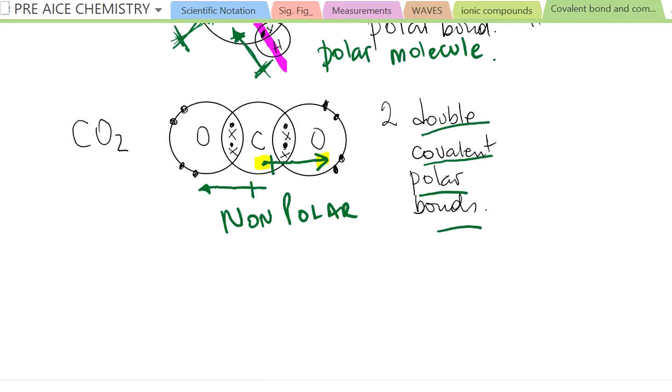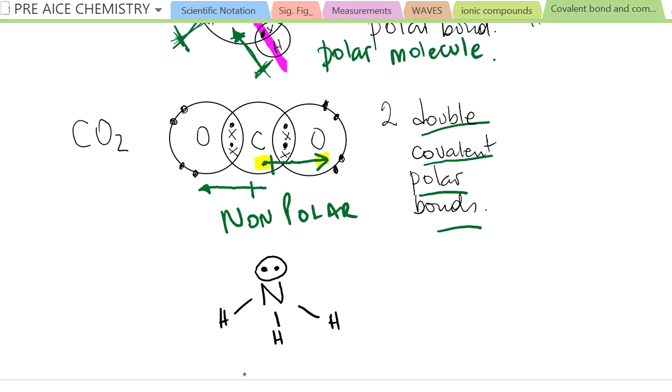Let's analyze the last one, but we are not going to do this. We're going to do the one that we did the other day, the ammonia. So the ammonia was like this, and we said that the shape of the molecule was like a pyramid, with the electrons here, and we had the hydrogens around it in the space.